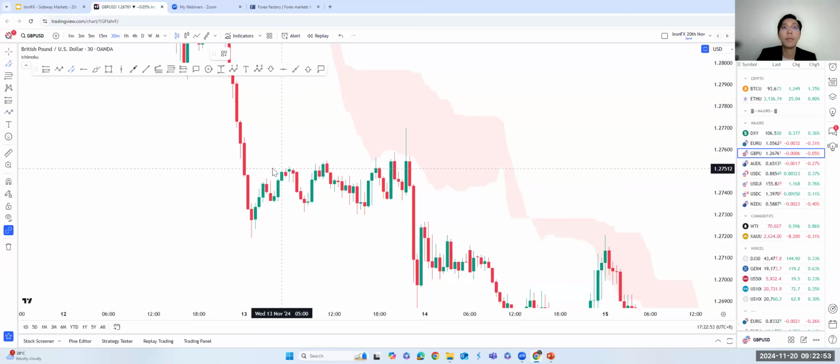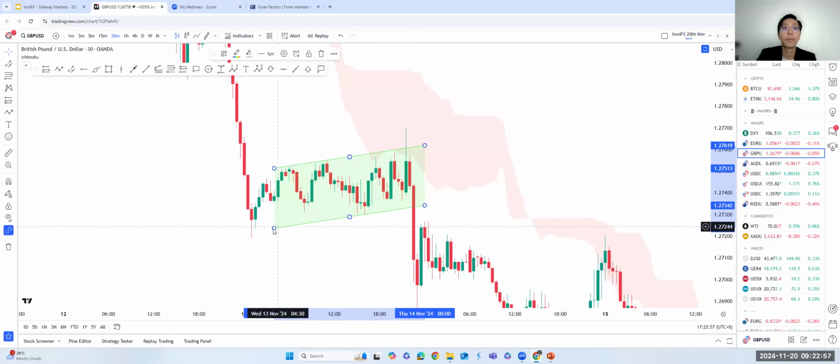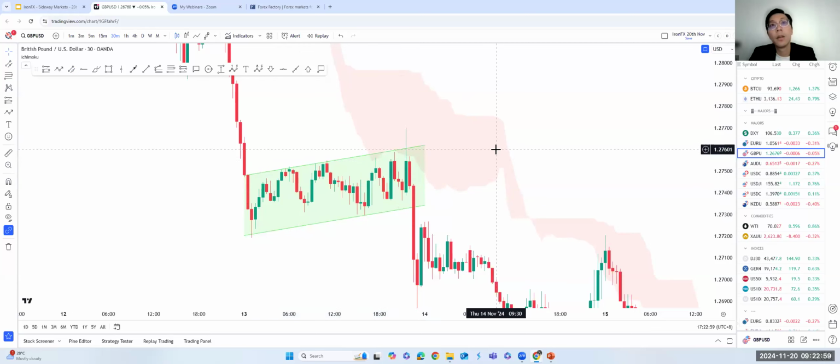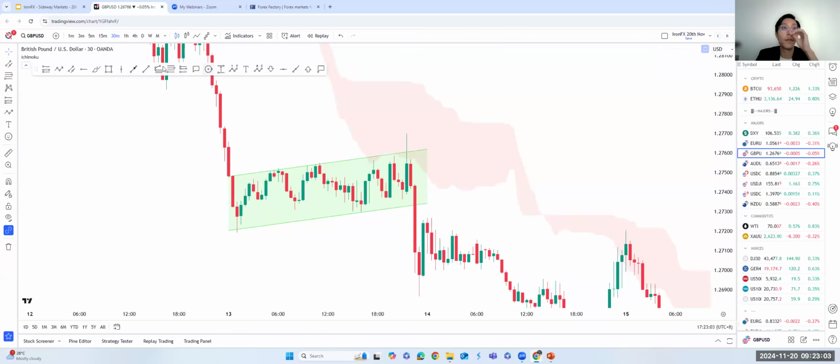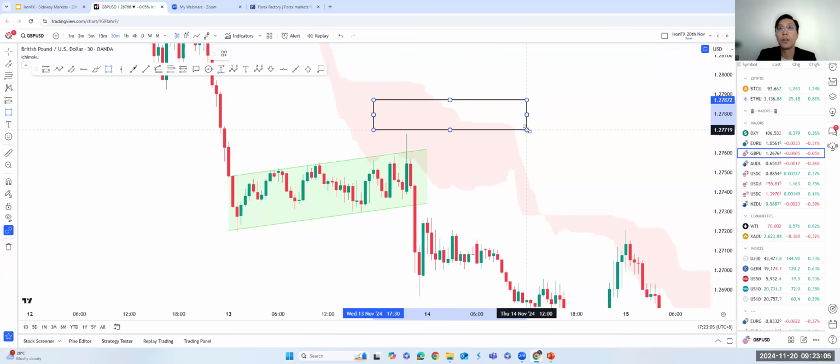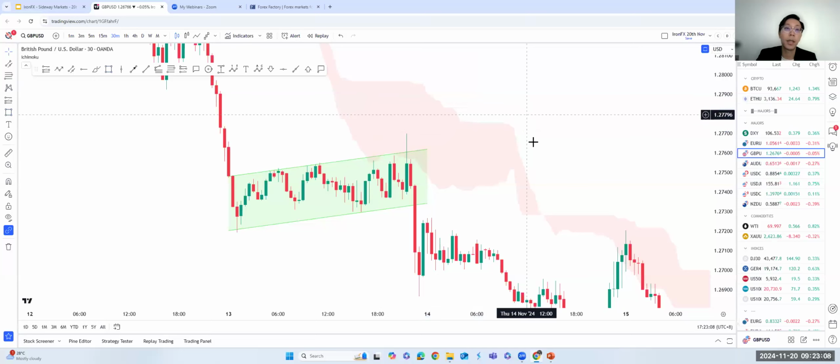Yep, this one, something like this, right? Let me extend it. This is something that you can trade also. It doesn't necessarily have to be a horizontal kind of box, right? It can also be this.